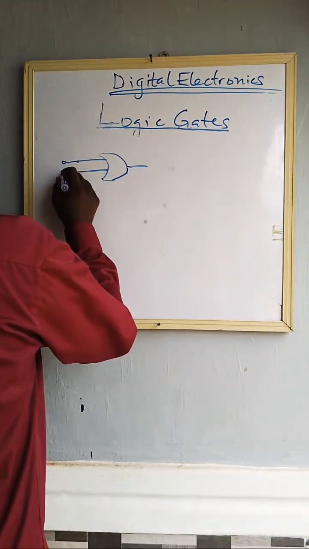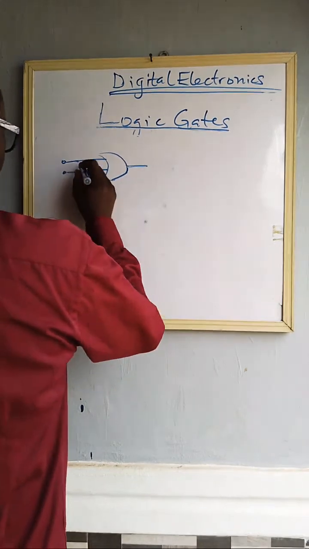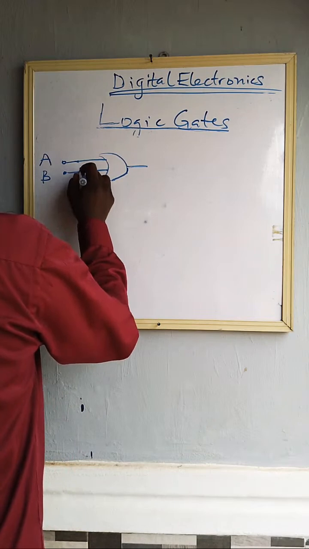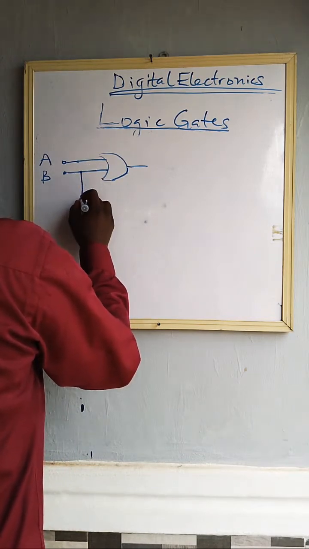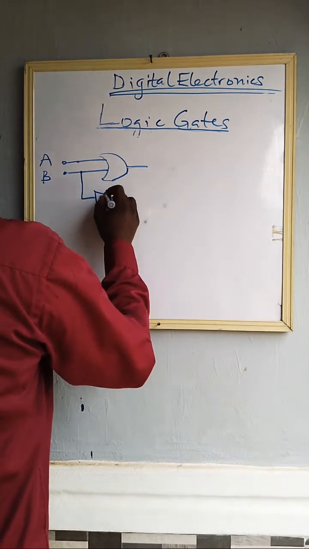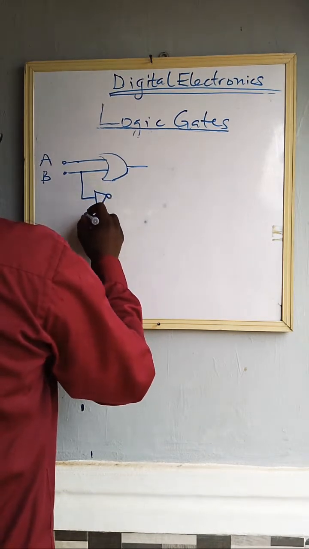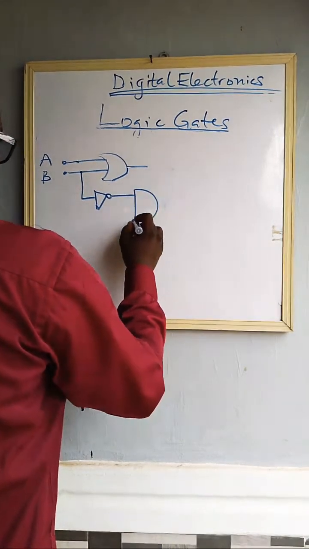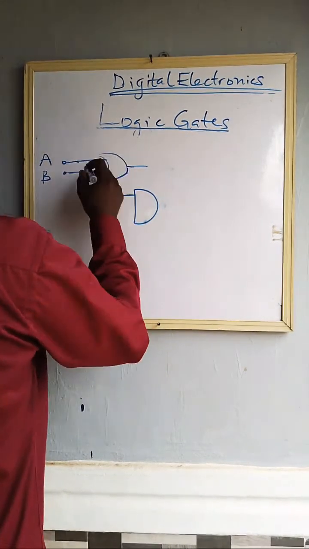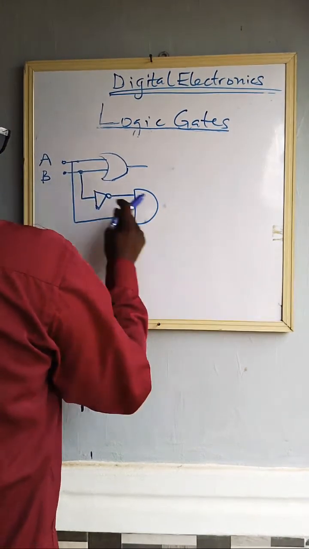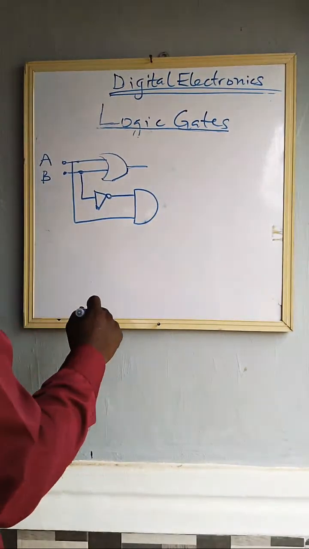Two inputs, A and B. We have this input B having a NOT gate, and it is going into an AND gate. All right, and the input A also goes into the AND gate.